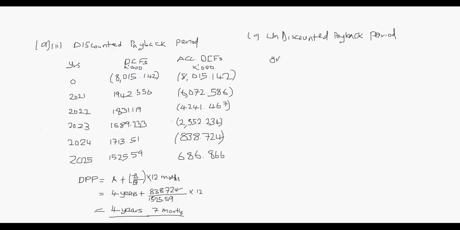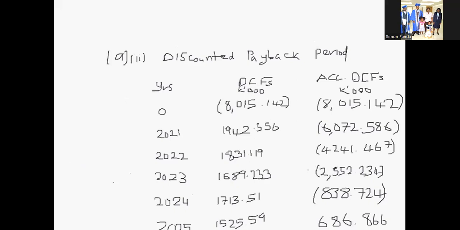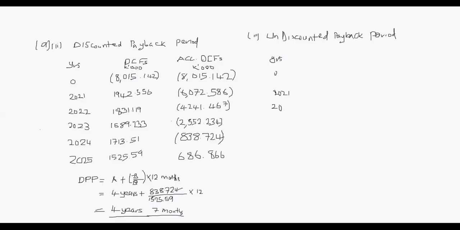We are going to have years here, from year 0, 2021, 2022, 2023, 2024, and then finally 2025.